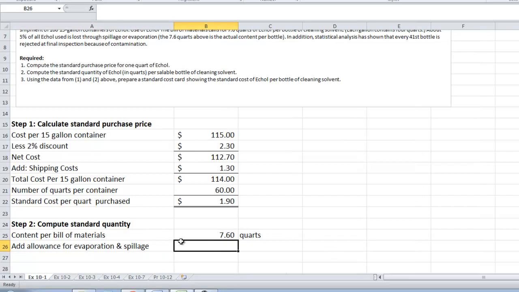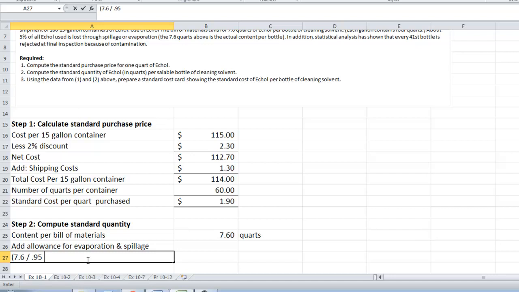Okay, so we need to yield 7.6 quarts, and we know that 5% will not be used because it will evaporate or spill. So to get to our allowance for spillage, we're going to take the 7.6 quarts and divide by 0.95. If we do this, this will give us 8. That's the number of quarts we need in order to yield the 7.6 quarts that we actually have for billable material.